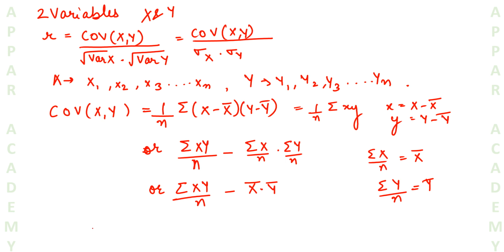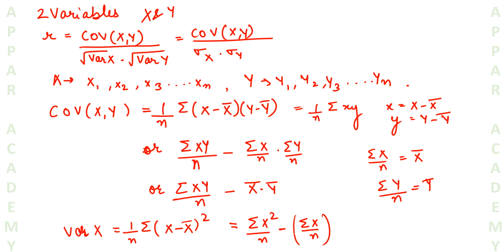Similarly, we have different formulas for variance also, right? Variance of x, if I want to write, so what is variance of x? It is simply 1 upon n summation of x minus x bar square. Yes, right. So we have another formula also for the variance, that is, this is also equal to summation of x square upon n minus summation x upon n whole square.